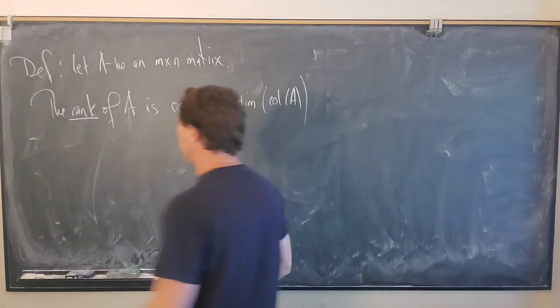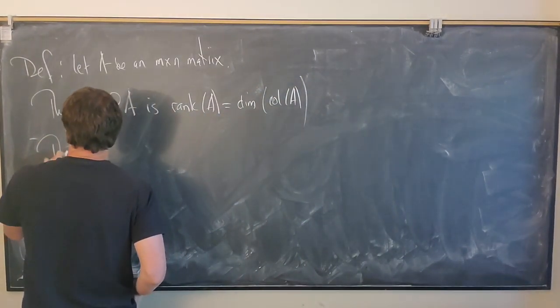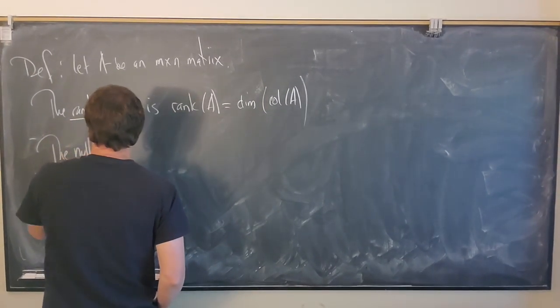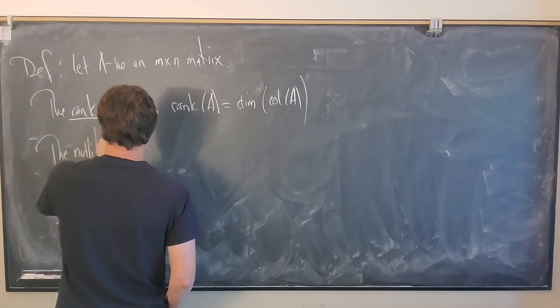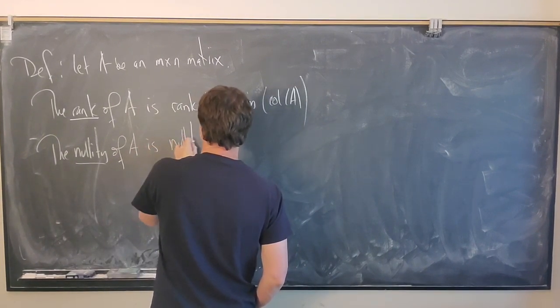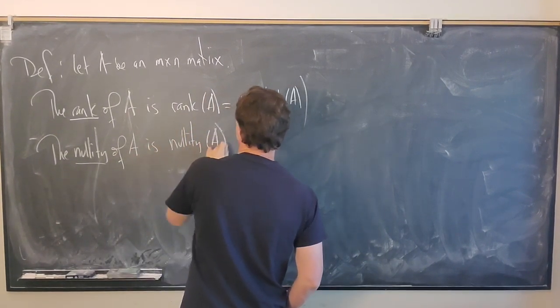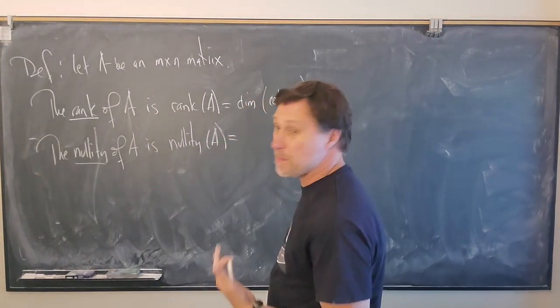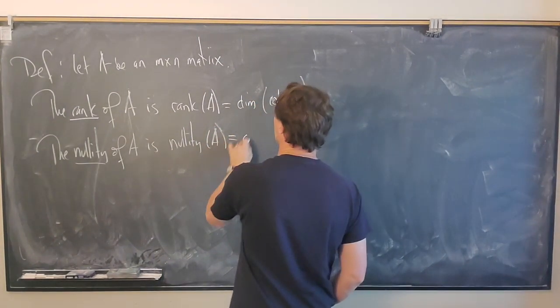There's also the nullity. The nullity of A, which we write as nullity of A, is the obvious thing: it's the dimension of the null space of A.